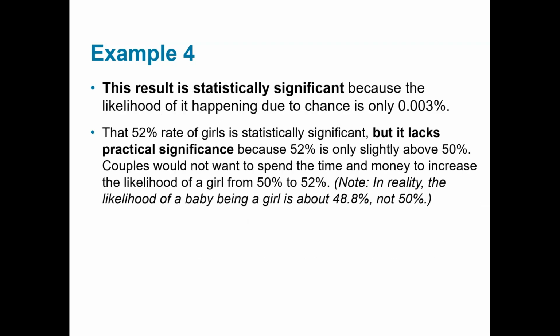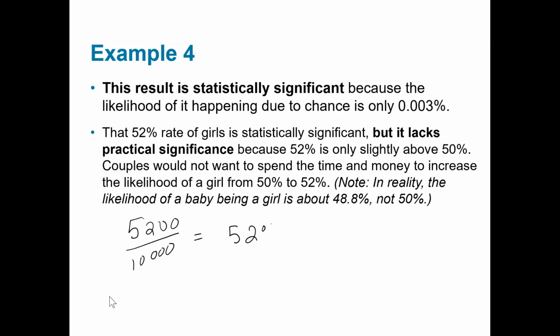Based on the definition of statistical significance, it does, because remember that statistical significance is anything with less than a 5% chance of happening by chance, and so it does have statistical significance. But if you actually do the numbers, let's take a peek here. 5,200 out of 10,000 gives us 52%.